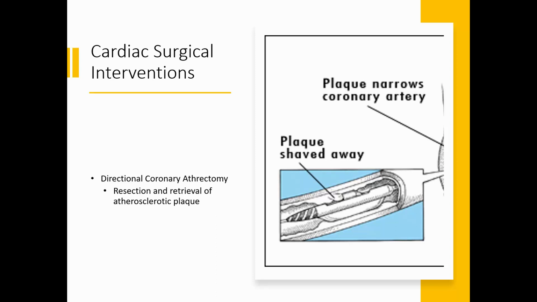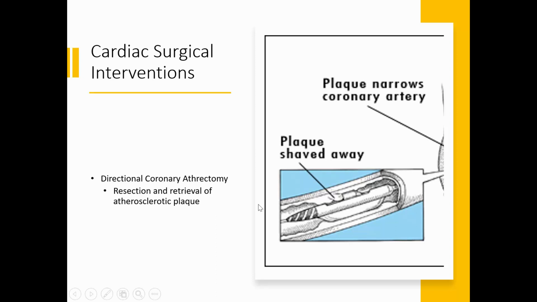Another thing that we can use, instead of PTCA, is something we call a directional coronary atherectomy. Essentially, we go into the clogged vessel and we actually resect and retrieve the plaque and get rid of it. So we kind of just shave the plaque away.